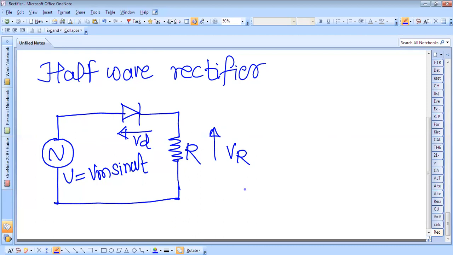Okay. So while alternating current and voltage play the leading role in most electrical and electronic devices, in many circuits we require only unidirectional current and voltages.